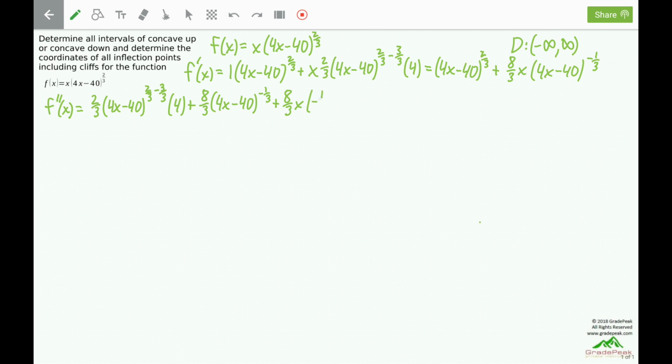Bring the power down. Leave the inside alone. Subtract 1 from the power. I will call that 3/3. And then multiply by the derivative of the inside to complete the chain rule.